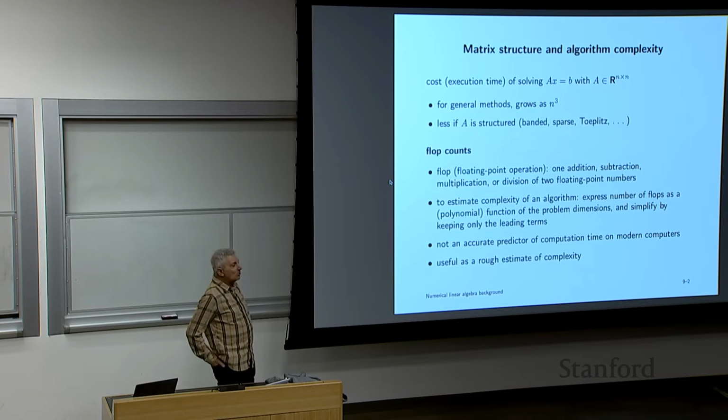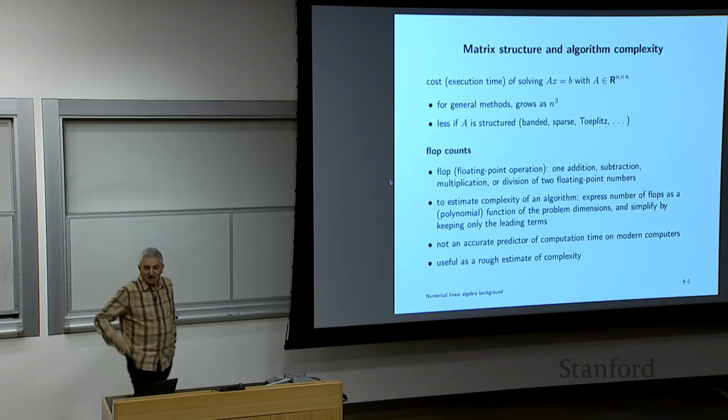It is not remotely a good predictor of computation time on modern computers, and this is just changing. It's getting very weird. This should be kind of obvious. But it's useful as a rough estimate of complexity.